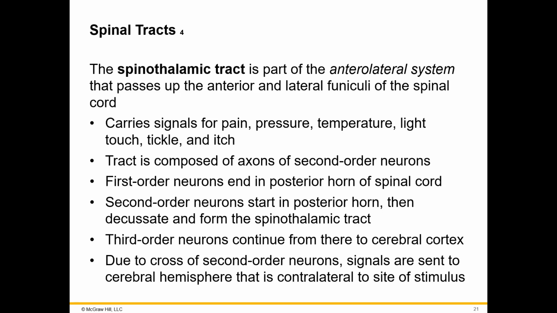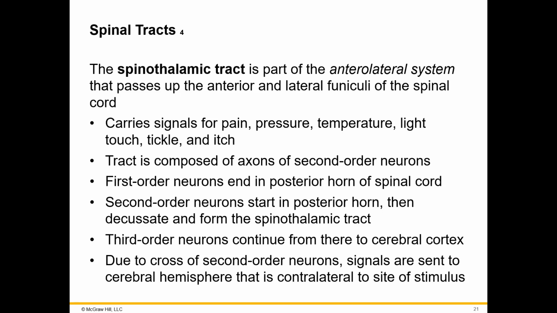So due to the cross of second order neurons, signals are sent to the cerebral hemisphere that is contralateral to the site of the stimulus. So that is very interesting.